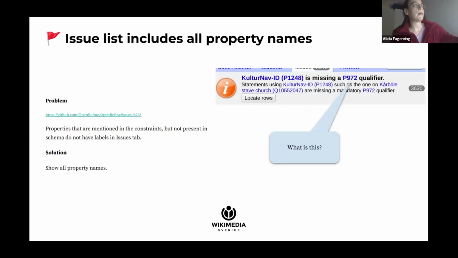Since the qualifier is not mentioned in our project, only the property ID is displayed, which is not very helpful since you have to go to Wikidata and see what that is. And now all the property names should appear, not just the bare numbers. By the way, in this case, I think P972, that's the name of the catalog in which this ID is, which I always forget about myself.